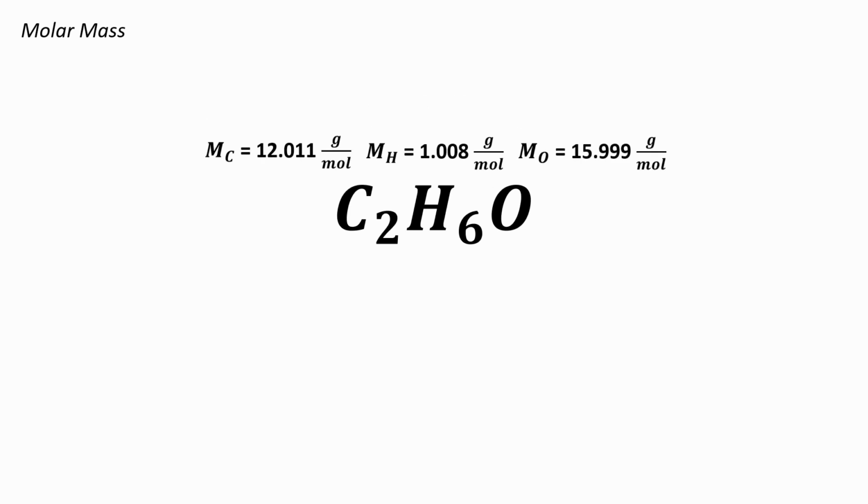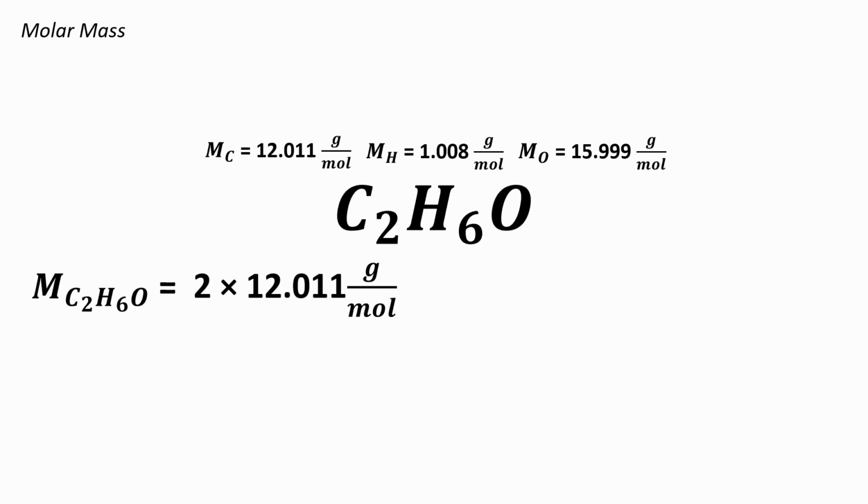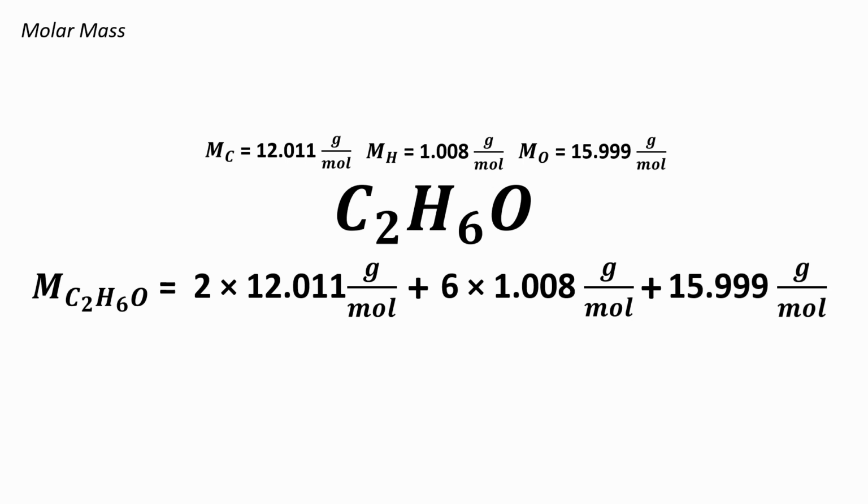So, in order to find the molar mass for ethanol, we'll say 2 times 12.011 grams per mole plus, because we remember we have to take the sum of all the atoms in the molecule, 6 times 1.008 grams per mole plus 1 times, however we'll not include that as it's obsolete, 15.999 grams per mole.